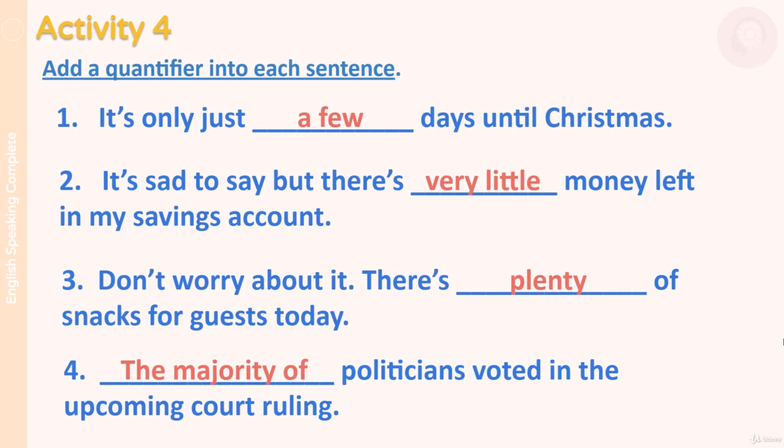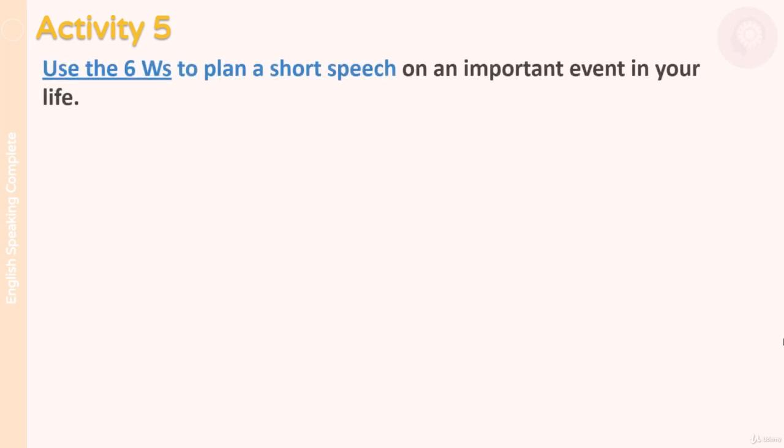Okay, so on to our final activity, activity 5. And I would like you to use the 6 W's to plan a short speech or just a passage of speaking so that you can just practice speaking for 2 minutes on an important event around your life. So using the 6 W's, I want you to make some notes.